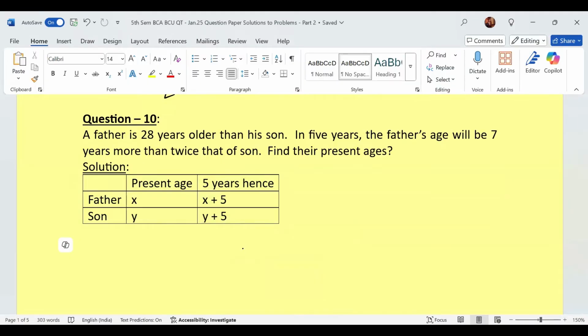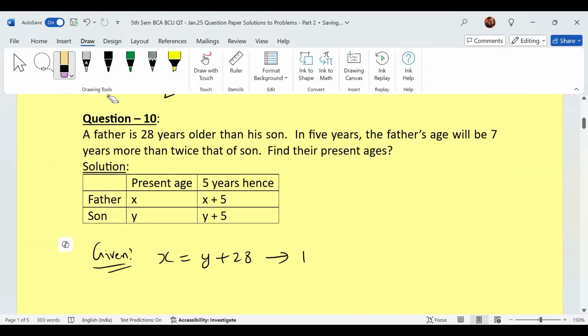First of all, father is 28 years older than son. That is given in the first sentence. So I will say given, father's age is 28 years older than his son. So we will consider this as X minus Y equal to 28.